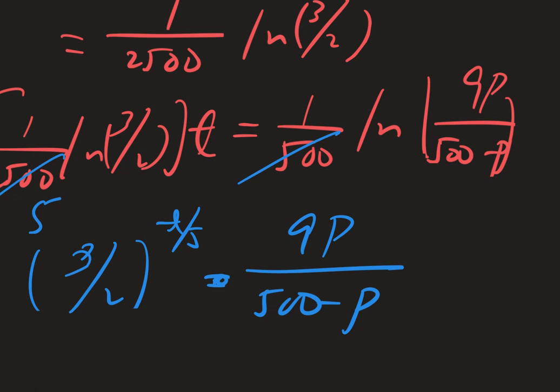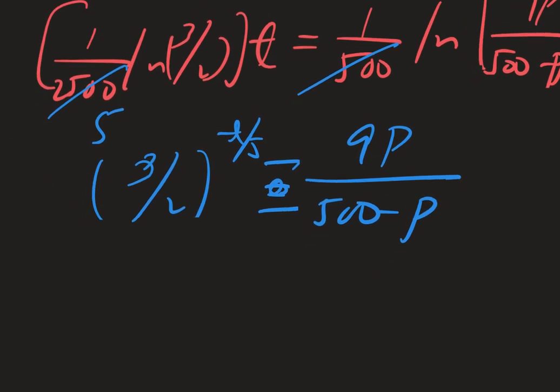Okay, one thing I want to remind everyone: when you write the equal sign, write properly, respect math, at the center. So 9p divided by 500 minus p is equal to this. Further, I want p expressed in terms of t, so what I need to do is apply whatever I learned in school previously.